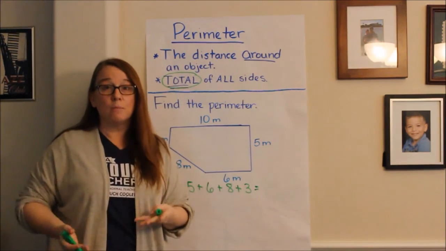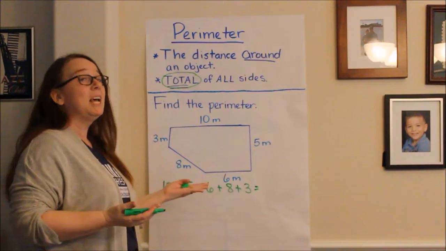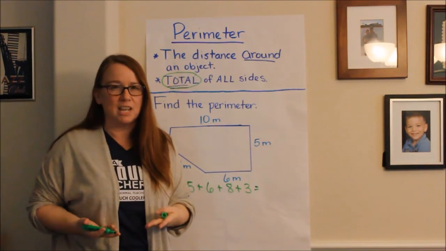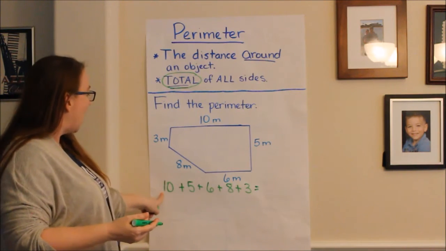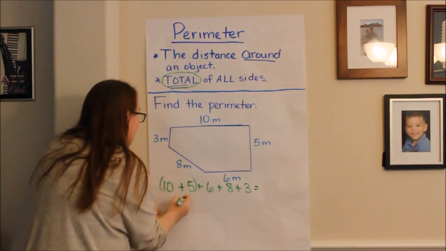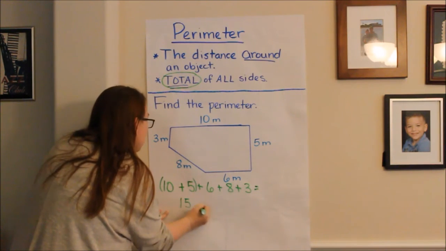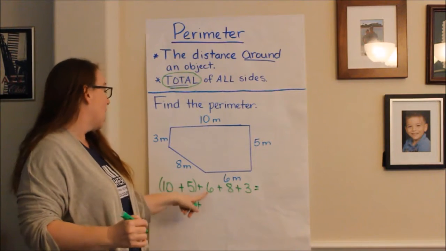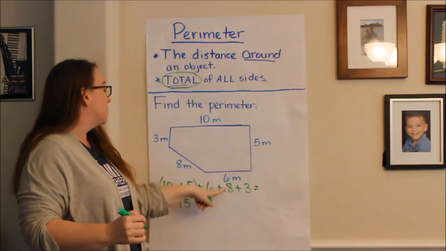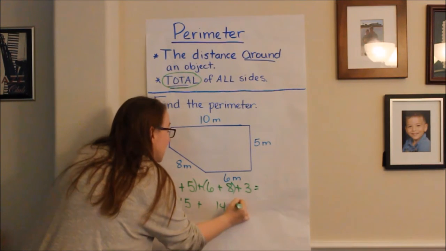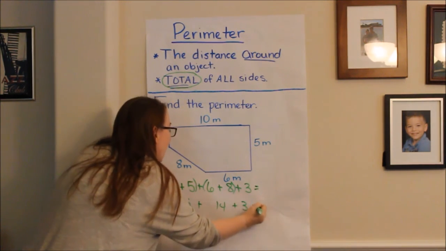Now, when we have these larger numbers and bigger equations, sometimes it's best for us to group numbers together to help us to add them together better. So for example, I know that 10 plus 5, if I put those together, that's going to give me 15. And then I can also group some of these again together. I know that 6 plus 8 gives me 14, and then I'm going to have 3 more.